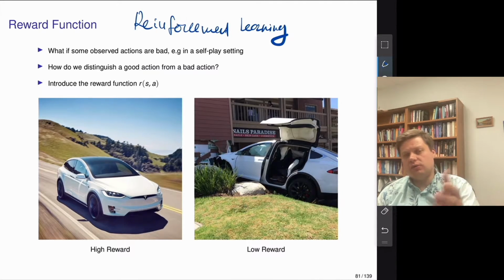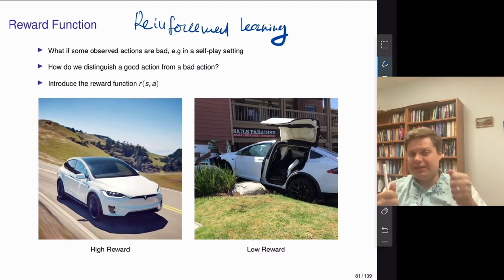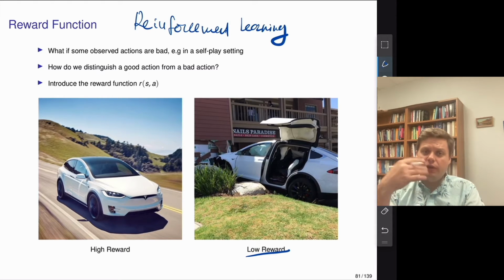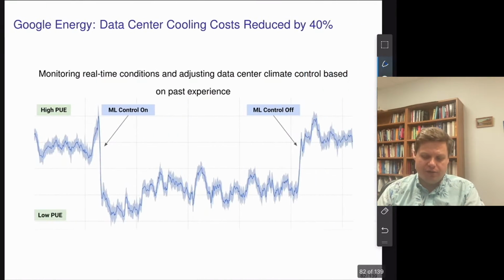And let's say you try to learn a self-driving algorithm, and the high reward is given to an algorithm that always stays in the lane and never gets into an accident. And the algorithm that gets into an accident will have a low reward. And essentially you try to learn an optimal control algorithm, optimal action plan, by just looking at the reward. So whenever you did something that led to low reward, you try to avoid those types of things in the next iteration of learning this control algorithm.